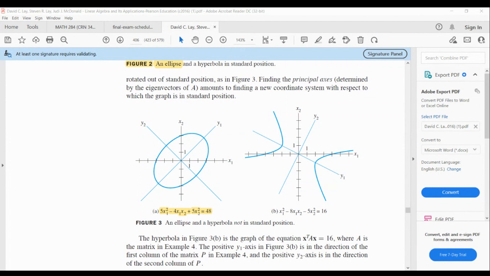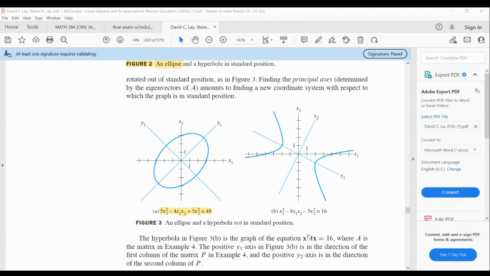The convenient axes to use are the y1 and y2 axes. And so we can rewrite the quadratic form more easily with the variables y1 and y2.